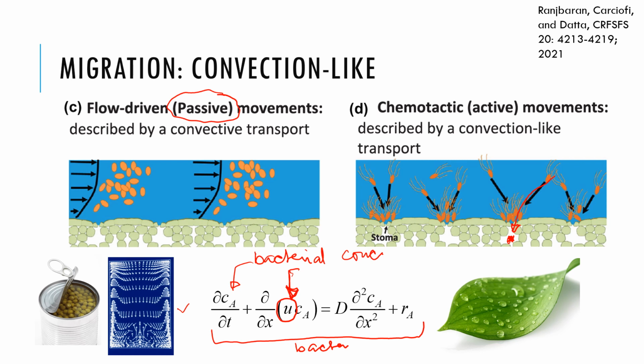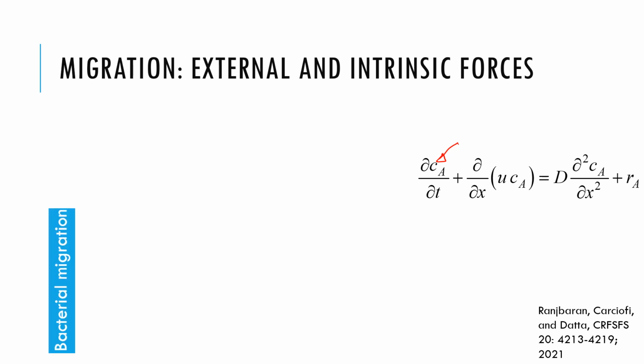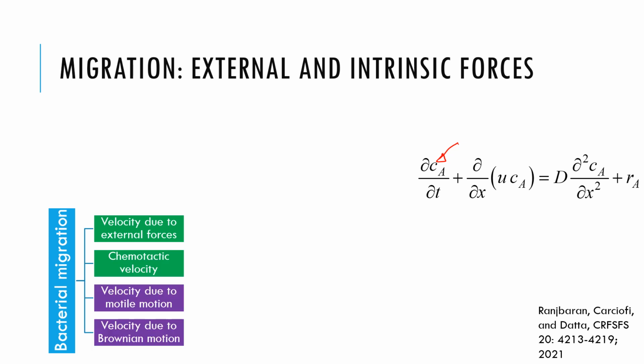The passive movement and the chemotactic movement, both of them are included in this flow term, or as the velocity in the transport equation for the bacteria. To put things back together in the context of a transport equation for bacteria as the species, we see that bacteria migration can be due to diffusion-like motions, that's due to Brownian motion or motility.